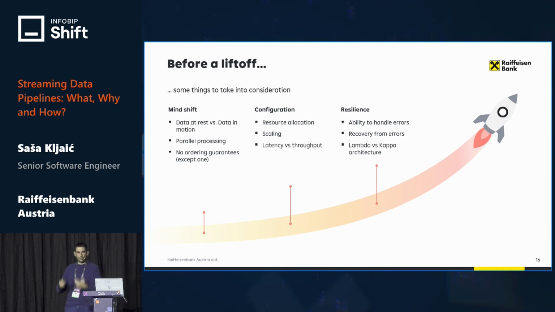Because this process is constantly running, it needs to be resilient. It needs to be able to handle errors and recover from them gracefully. And because there are so many moving parts in streaming, some people tend to use Lambda architecture. If you're not familiar with it, it's basically saying that we will use streaming data pipelines, but we do not trust them to provide 100% accurate data.